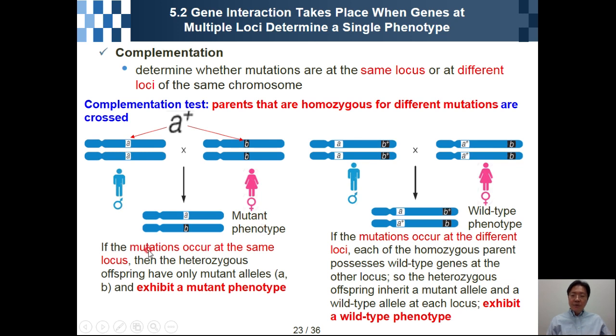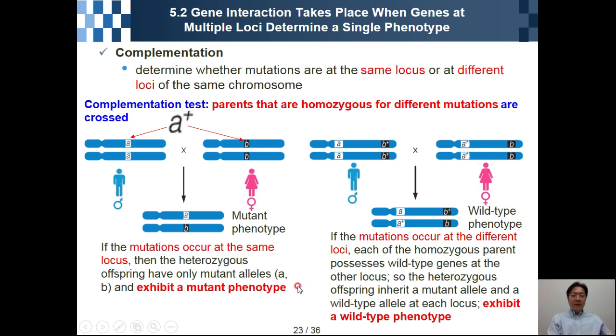If the mutation occurs at the same locus, then the heterozygous offspring, because they have small a, small b, have only mutant alleles and also exhibit a mutant phenotype.